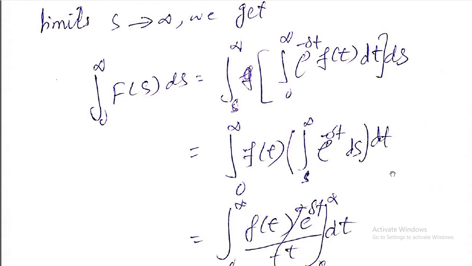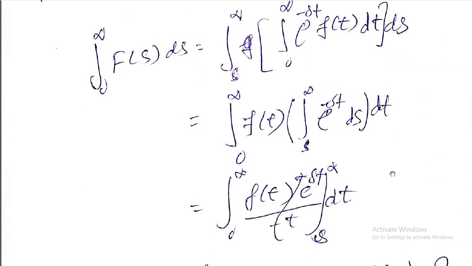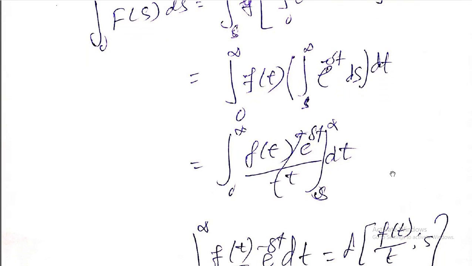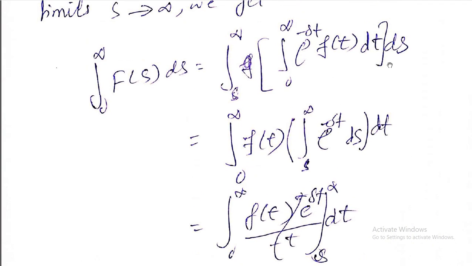For this we have to use the technique of the change of order of variable. You have to go through this technique, how we change the order of integration, so that ds is inside and dt is outside.